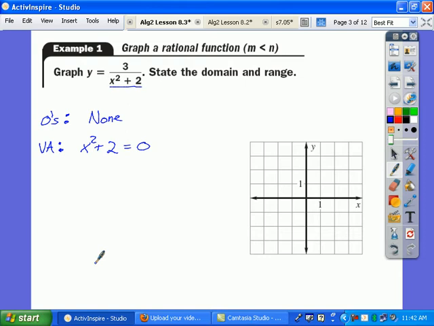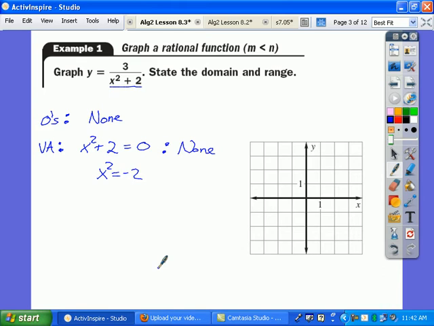The answer is no. Hopefully most of you see that right away. I could go do this, but it isn't going to give me a real solution. So vertical asymptotes, there also are none. This is shaping up to be quite bizarre.